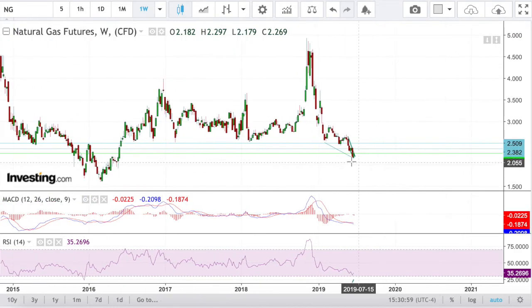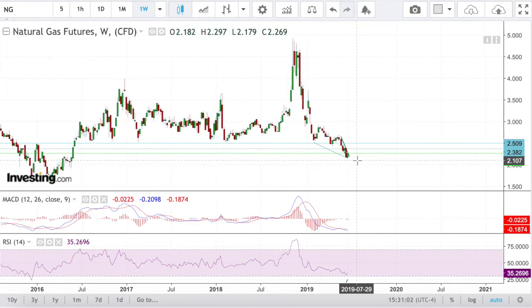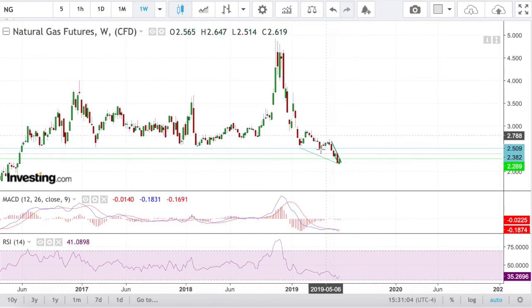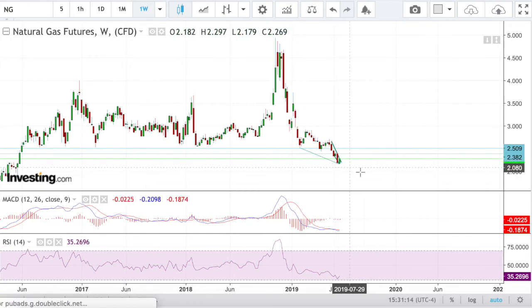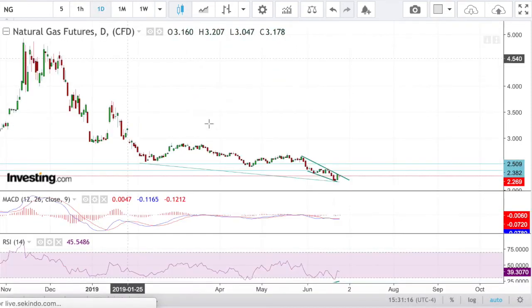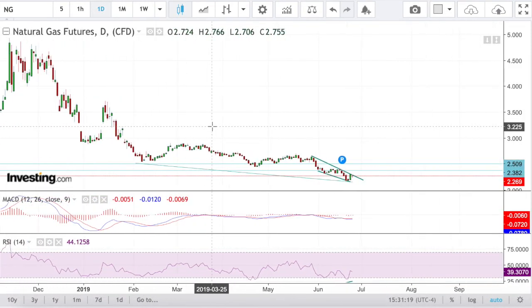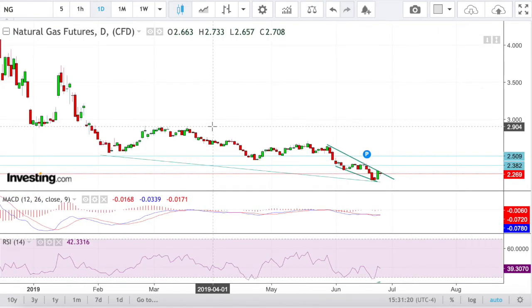So longer term outlook, I think that I'm waiting for natural gas to show signs of recovery. I think in the months perhaps leading to winter, we'll see signs of reversal, and then we'll be able to definitely take a longer term long position on natural gas, and that is what I'm looking for.